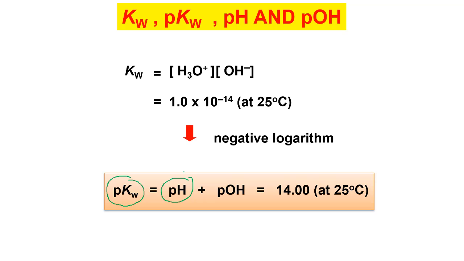Bila saya negative logkan concentration of hydroxide ion, saya dapat pOH. So secara matematiknya pKw equals to pH plus pOH equals to 14. So, the pH and pOH can be related by using this formula. Kita boleh hubungkan nilai pH dan pOH menggunakan formula pKw.